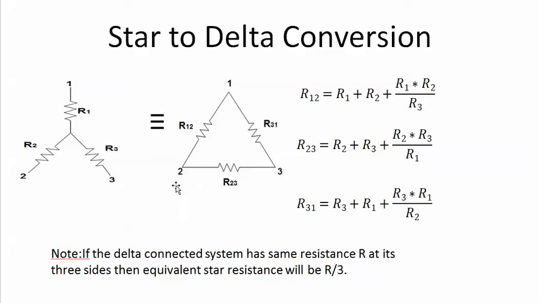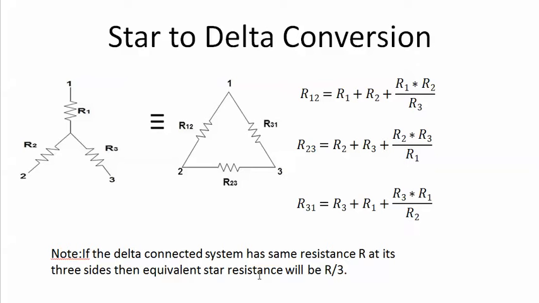So R12 is equal to R1 plus R2 plus R1 into R2 by R3. Similarly, R23 between these two terminals will be R2 plus R3 plus R2 into R3 divided by R1. And R31 will be R3 plus R1 plus R3 into R1 divided by R2.